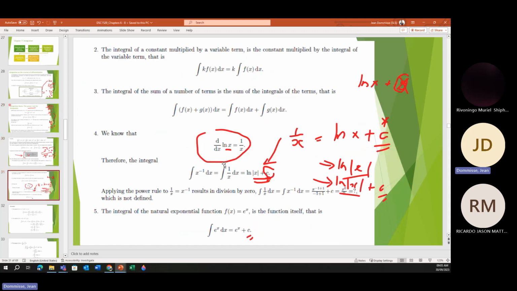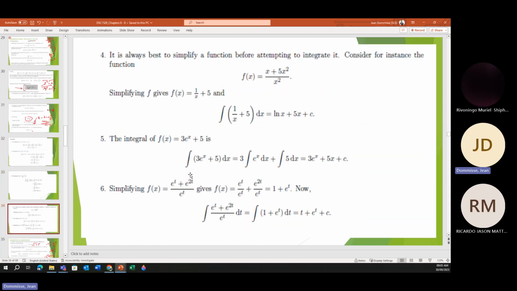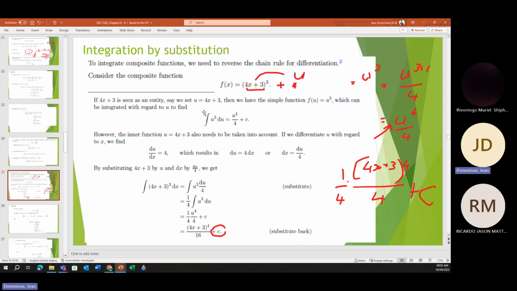The other one that we have is when we do substitution, just like we did in differentiation, we substitute a function with u, and then we integrate the so-called easier function. So very similar to what we did in differentiation.